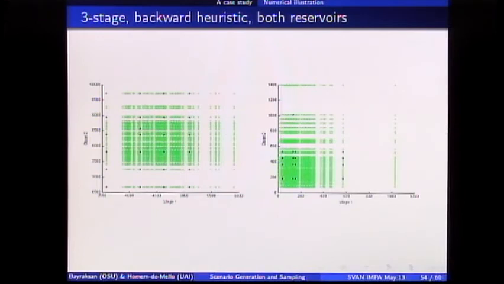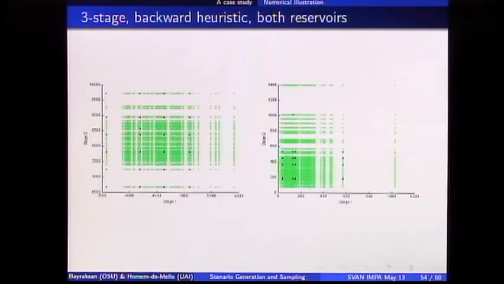But the backward heuristic, in this case, did much better. You can see what you're selecting here. Out of the 75 by 75, we are selecting exactly these points here. So 1, 2, 3, 4, and here we have 6. 4 times 6, 24, plus this extra point in the middle.